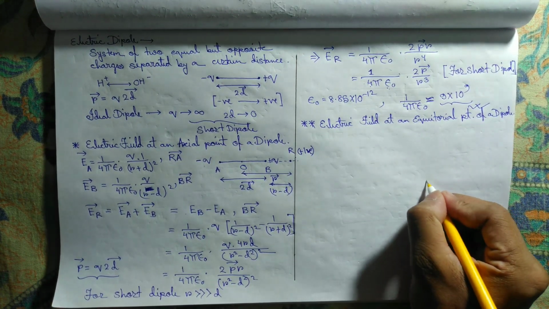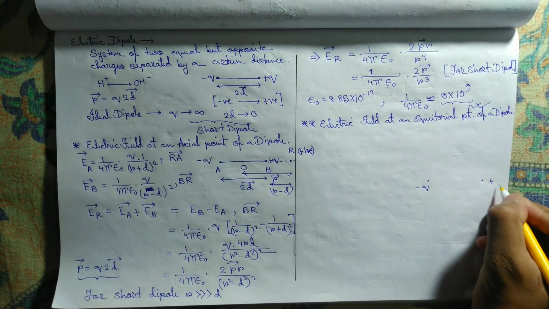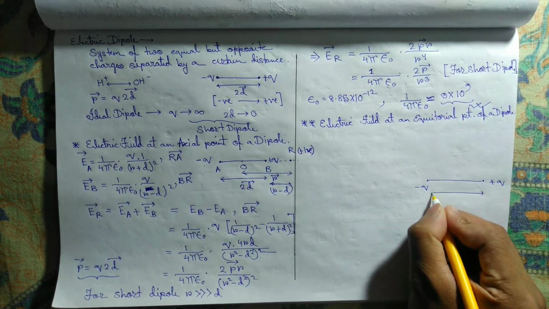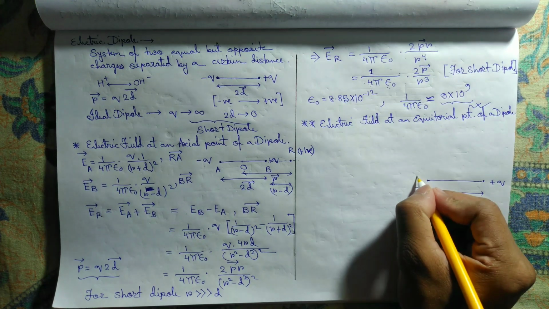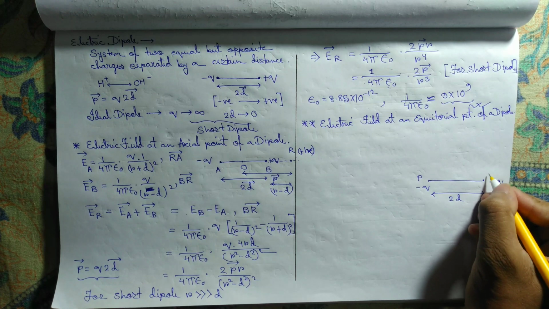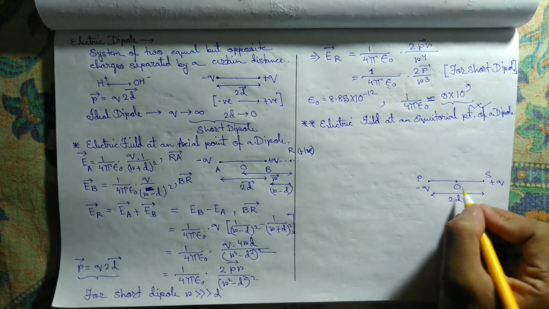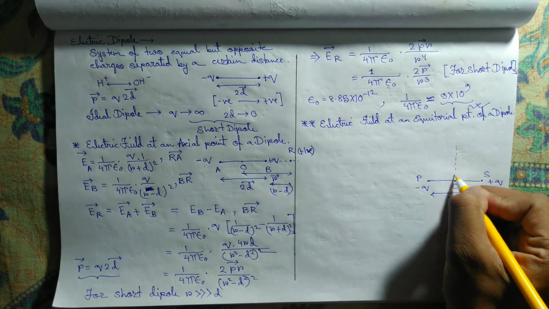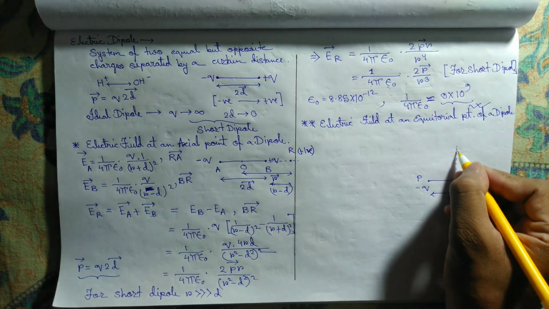If you consider a dipole, minus q and plus q, with the distance between them being 2d, let's name them P and S, and the midpoint O. An equatorial point is on the perpendicular bisector of the dipole, so it can be any point on that axis.